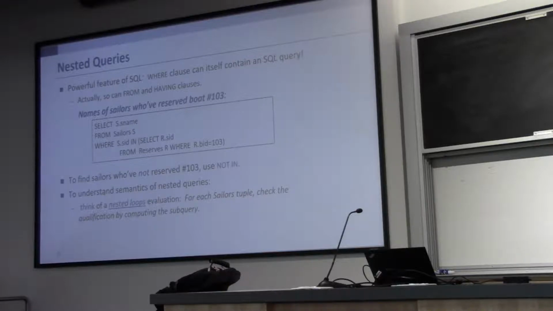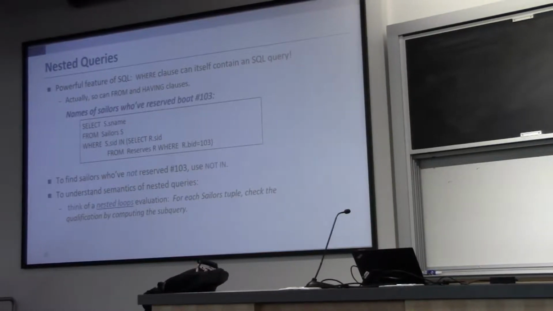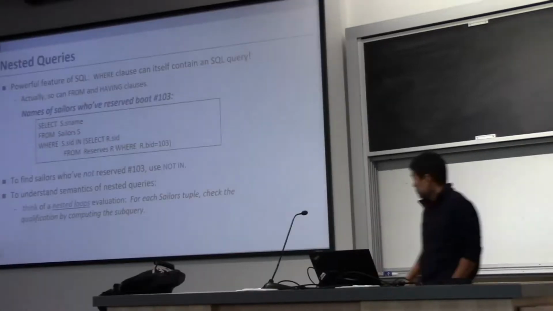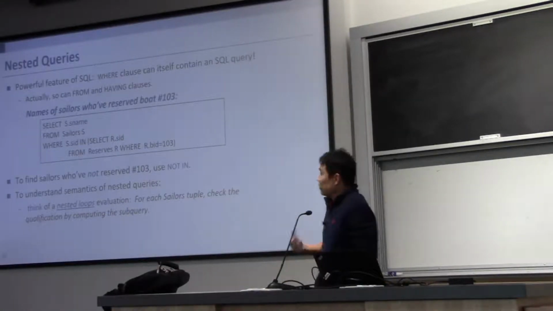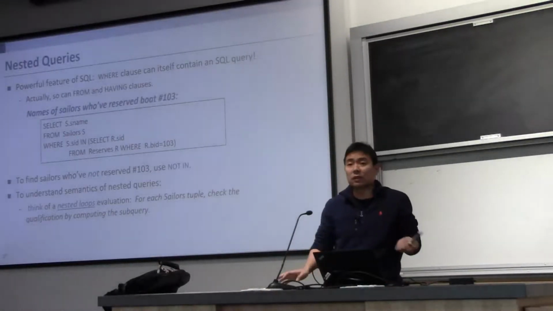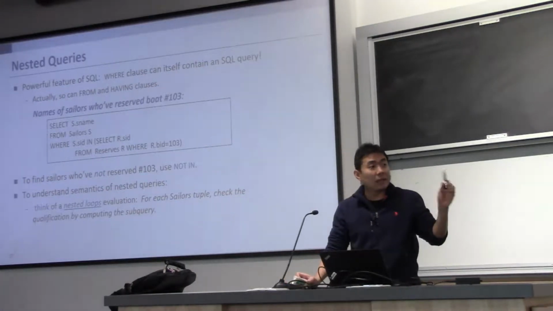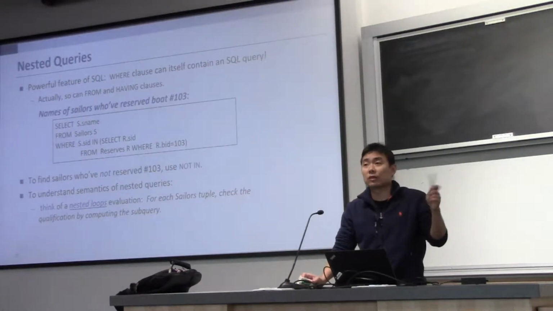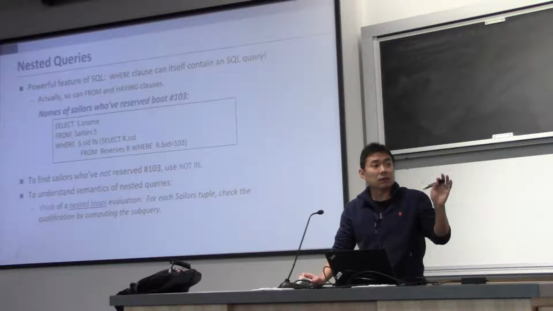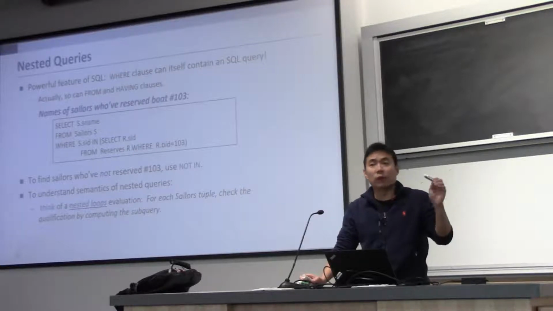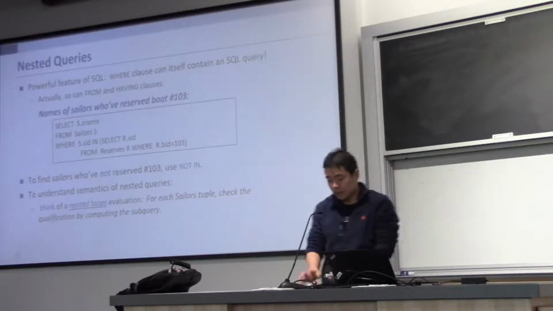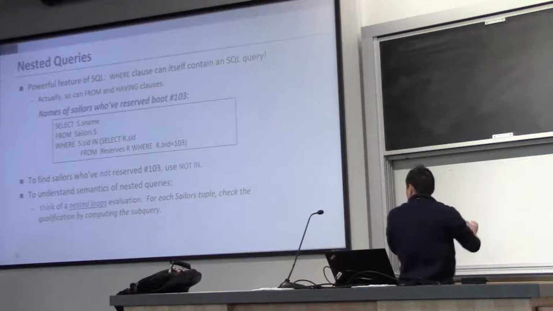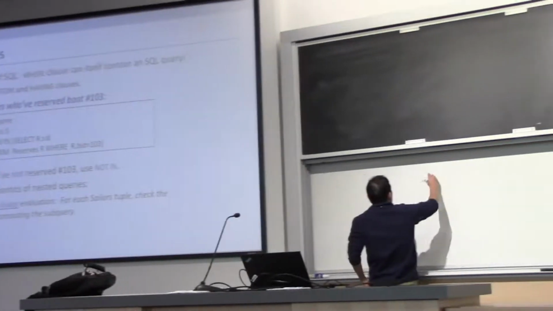You simply do a join between sailors and reserve, because your goal is to find the name of a sailor. Otherwise, if your goal is to just find the sailor ID, you don't even have to do a join. You do a selection over reserve, you're done. But because you're looking for the name of sailors, you do have to join sailors with reserve.